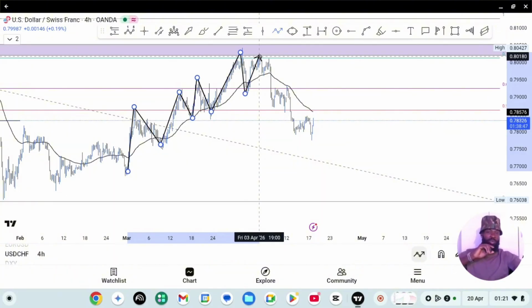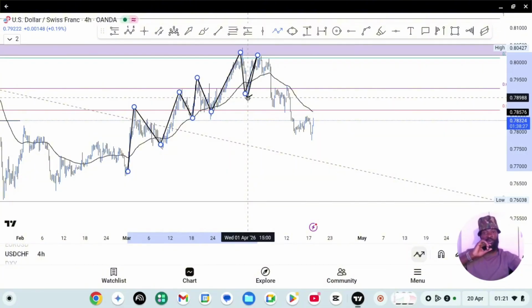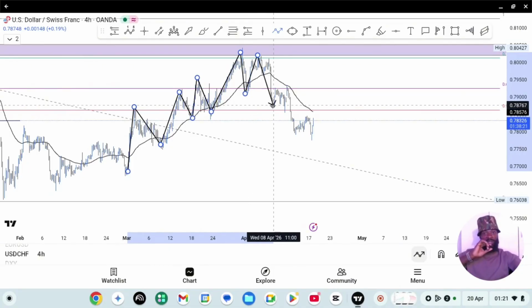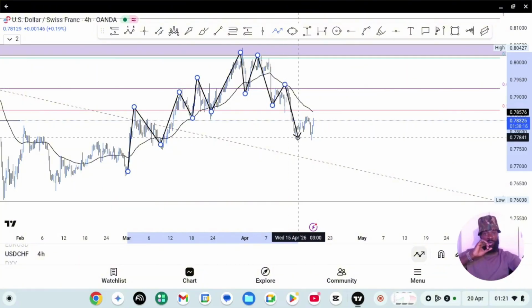What is a double top? A double top is an early reversal pattern. You can see when it gave us the double top, it gave us a market structure shift downwards, aligning with the bigger time frame's original direction. After that it started giving us a series of lower high, lower low.